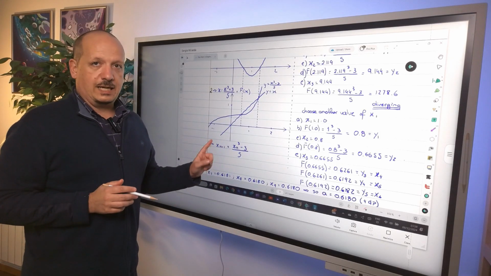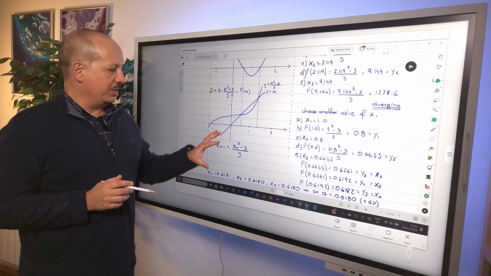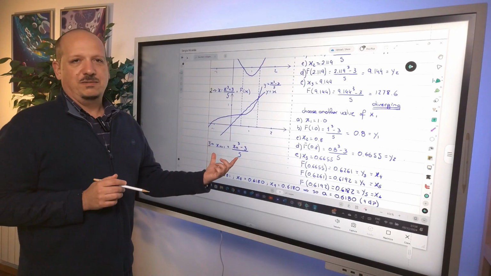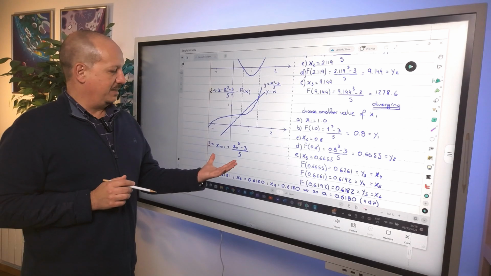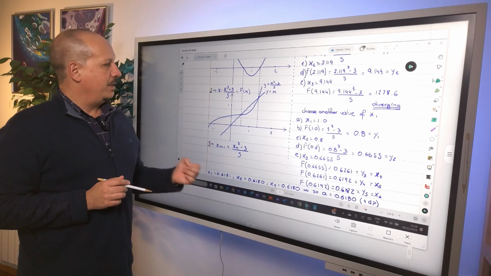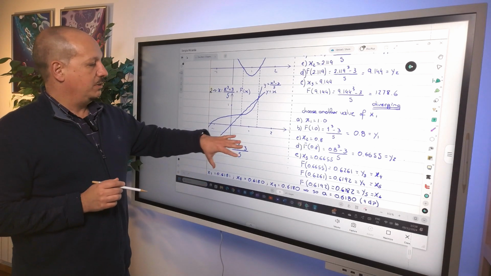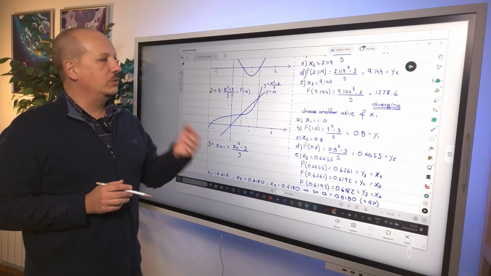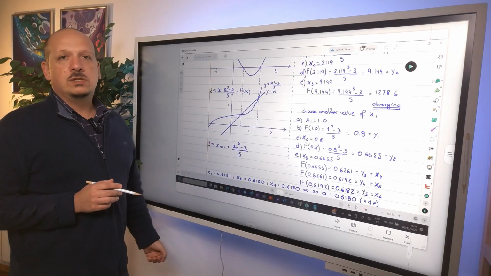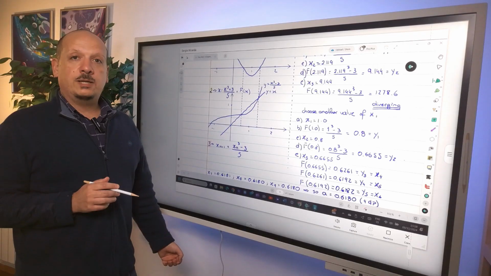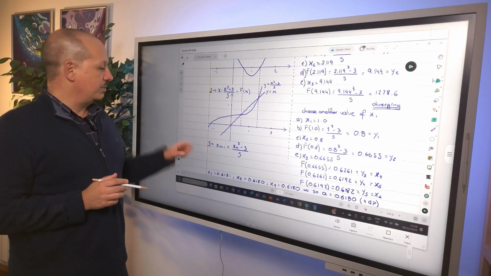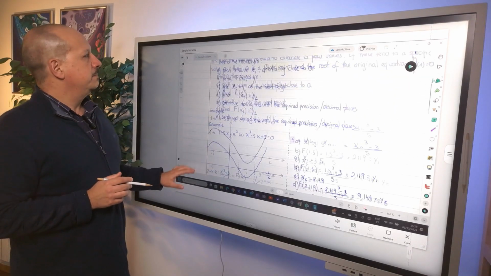I promise you that the idea is much simpler than it might look, because now you are going to use the calculator to figure out an approximation to the zeros. Let's see how this works.